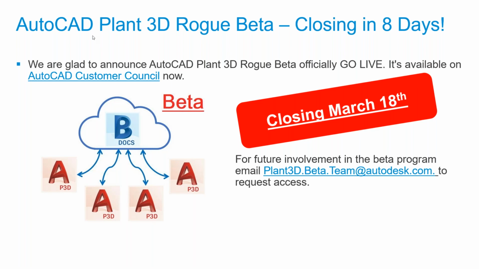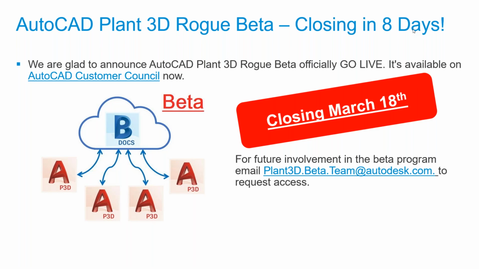There are other solutions like the Vault solution, for example, which works if the offices are nearby, but the Plant 3D cloud collaboration is really designed for working across geos, so worldwide projects. In 8 days this beta will close, so you still have a chance to test it.